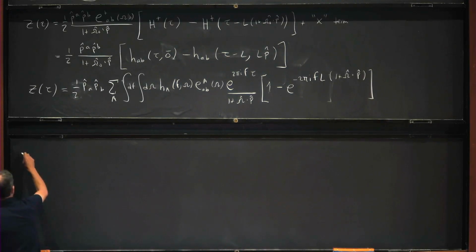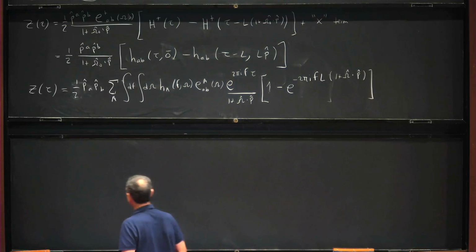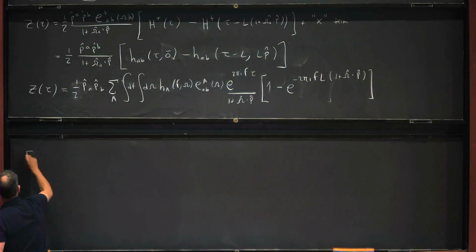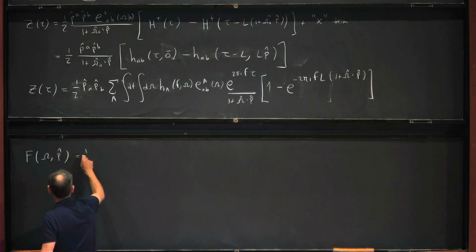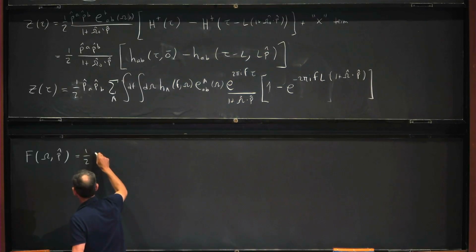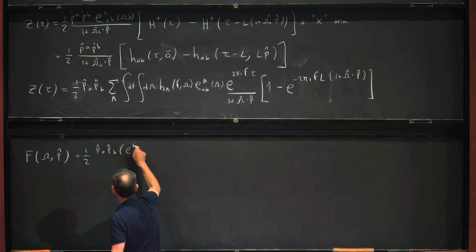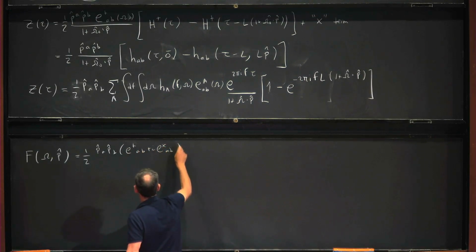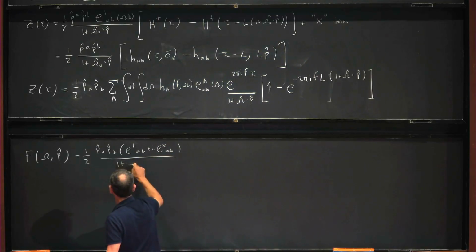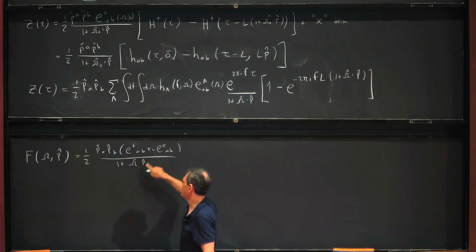This function f, sort of the geometrical part of the antenna pattern, by the way, I didn't write it here explicitly, but remember these E plus and E cross are also functions of omega.